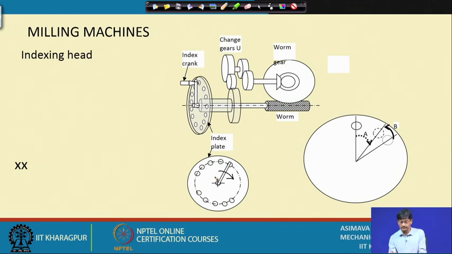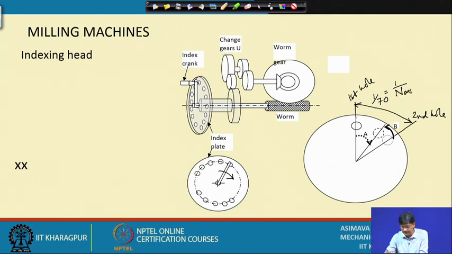If that be so, in that case what is going to happen is, suppose these holes are existing on the 70 hole circle. So, this is the first hole. So, this is the second hole on the 70 hole circle, second hole. So, we can say this particular angle or rotation must be 1 by 70 equal to 1 by n available, as we discussed previously.